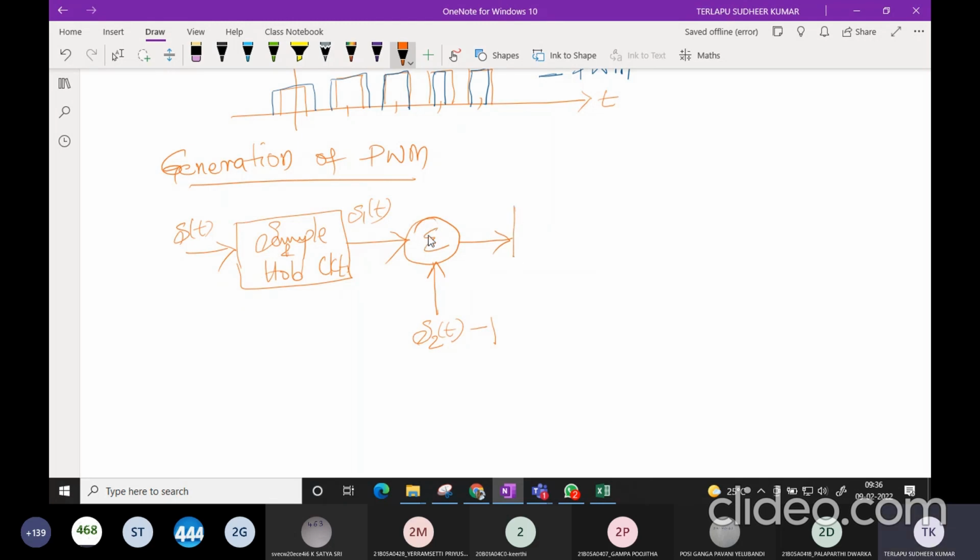The output of the adder, let it be S3 of t, is given to a comparator. The output is S4 of t. And this is my PWM signal, pulse width modulated signal.